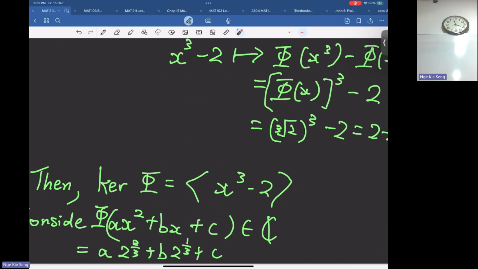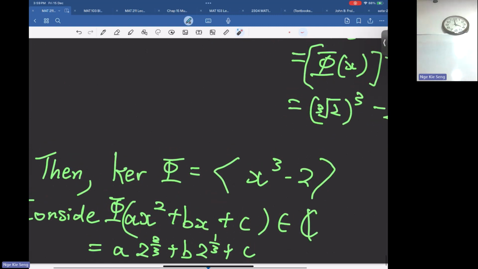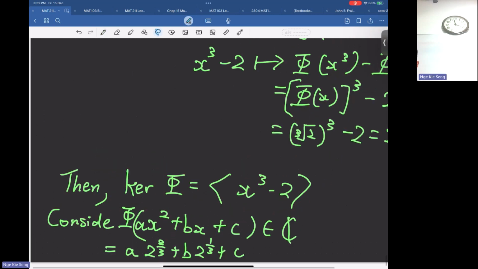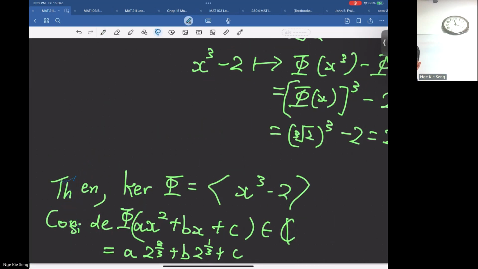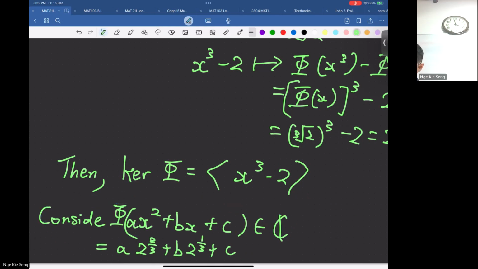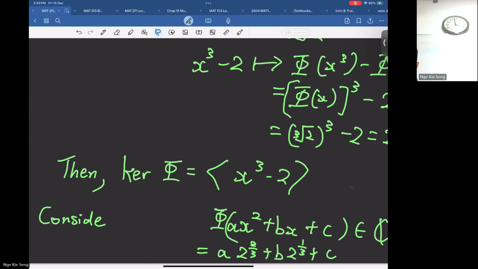Why? Very good question. So where should this a, b, c live? Wait, let me move something so that I can write it better.